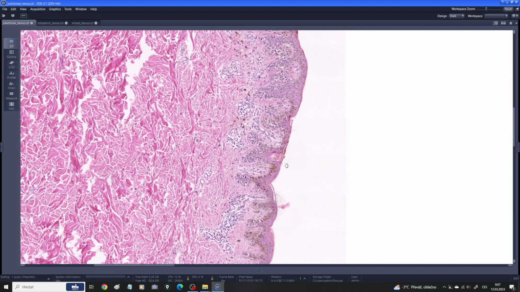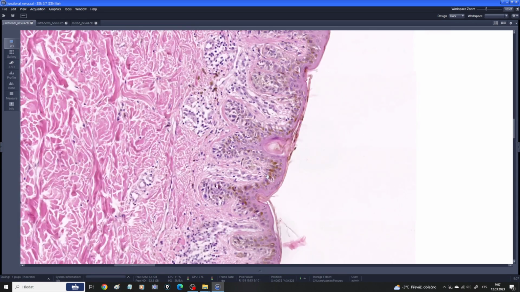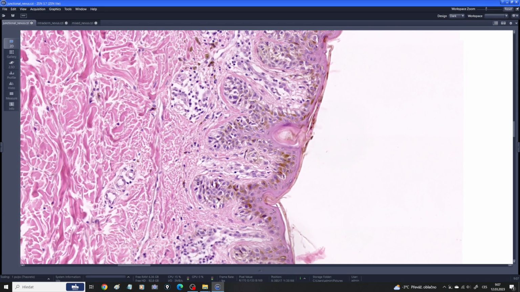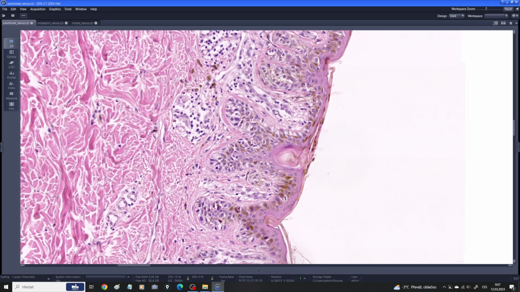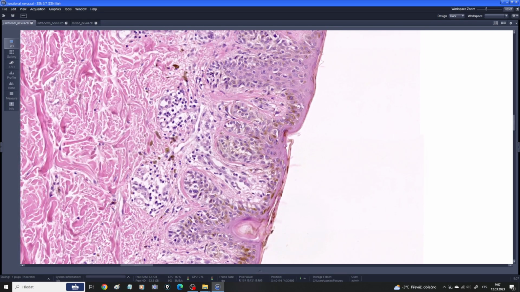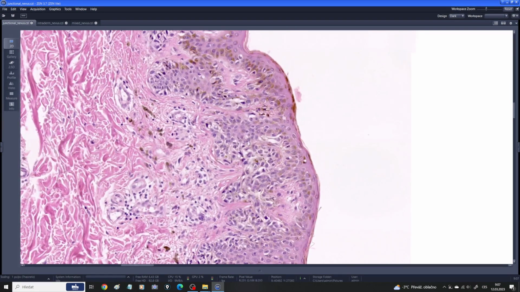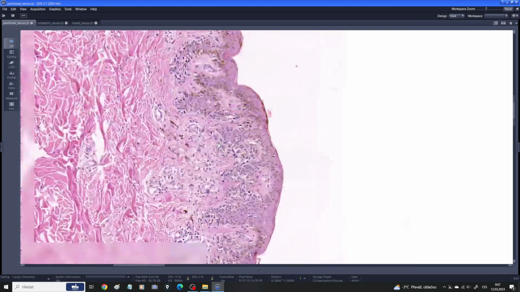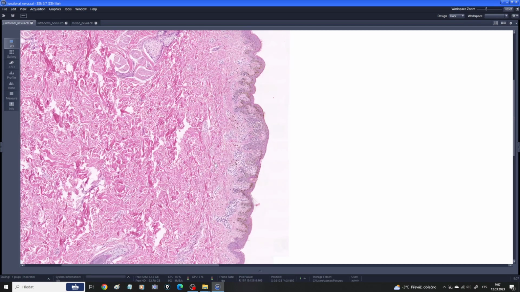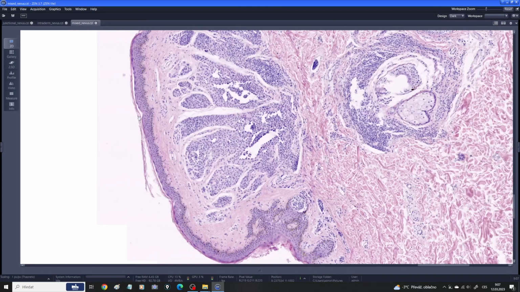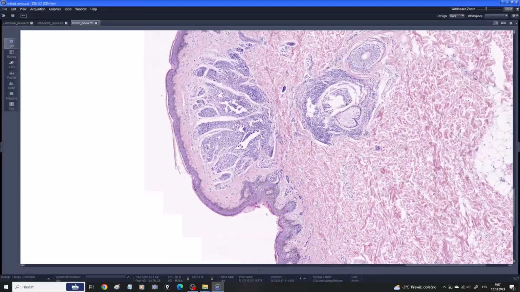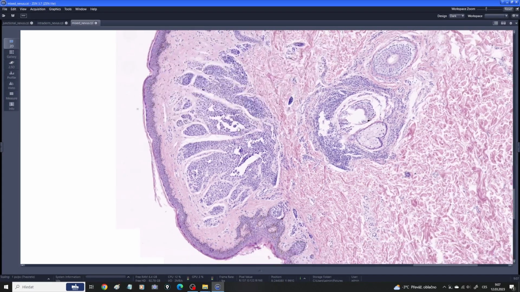And as I said, in this picture we have a junctional nevus, because you can see islands of melanocytes in the junctional zone between the epidermis and dermis. If you have a combination of both, we will call it a compound nevus.